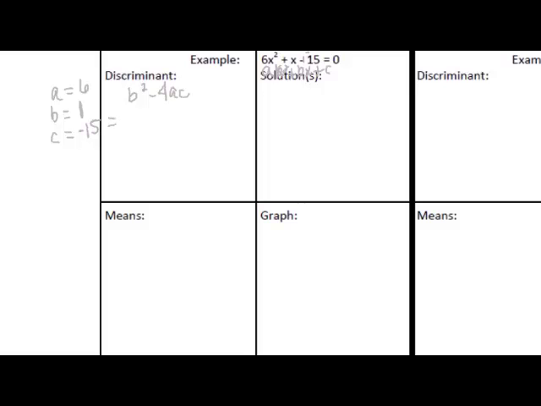So if we take our b value, that's 1 squared minus 4 times our a, which is 6, times our c, which is negative 15. If we multiply this out, we get 361 as our discriminant. We know that is greater than 0, so that tells us that we have two real solutions.